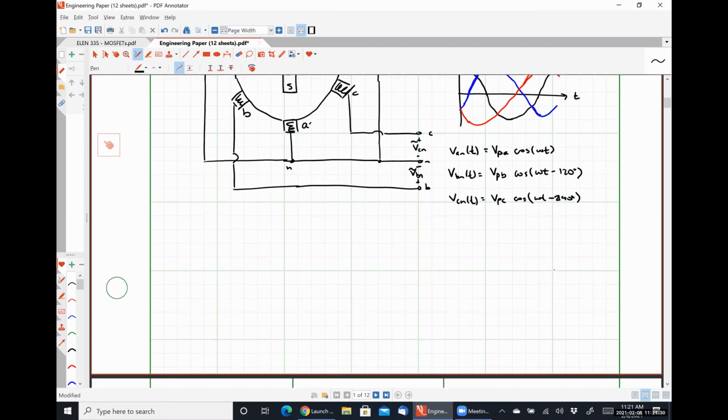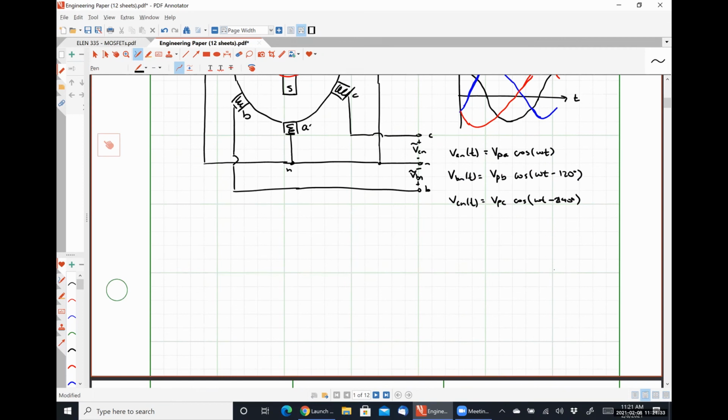Just to be clear here, positive, sometimes called ABC sequence, in the frequency domain, our A phase voltage is simply VP with an angle of 0 degrees.